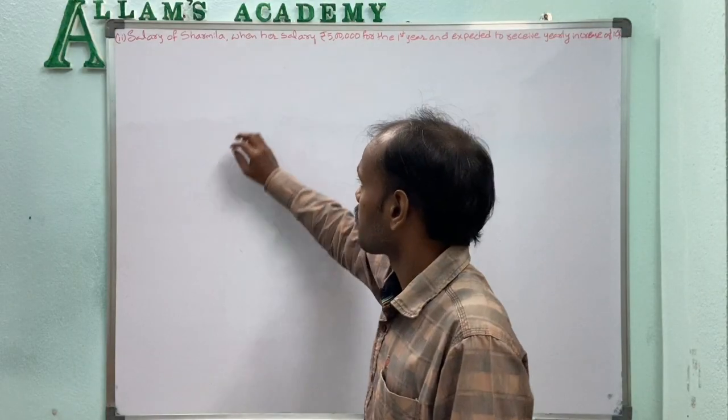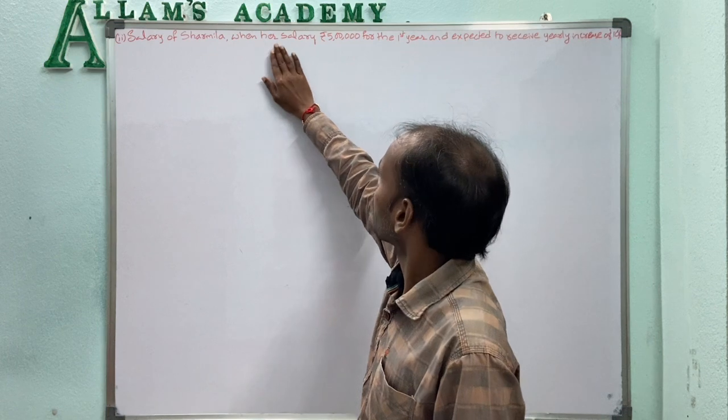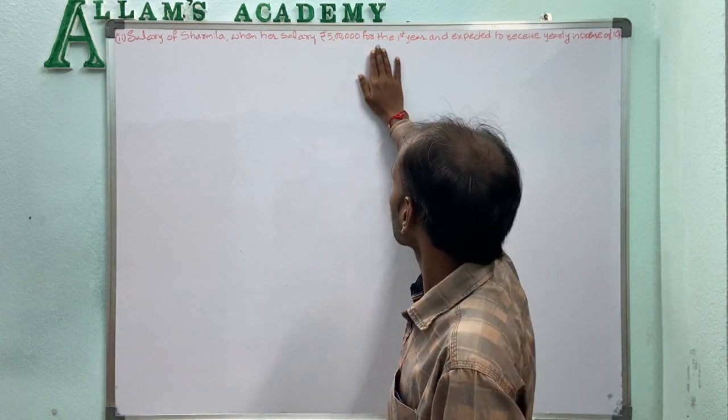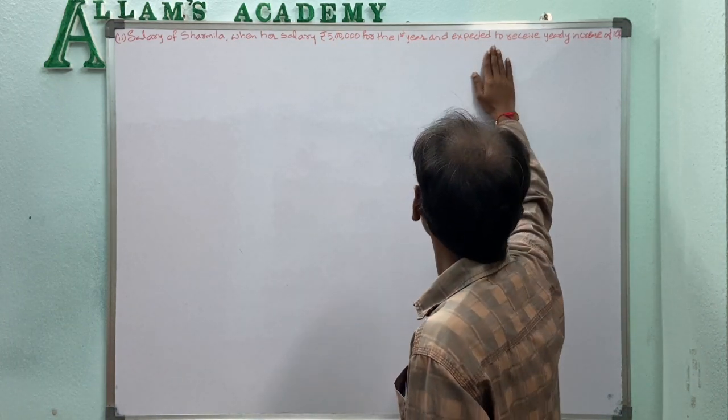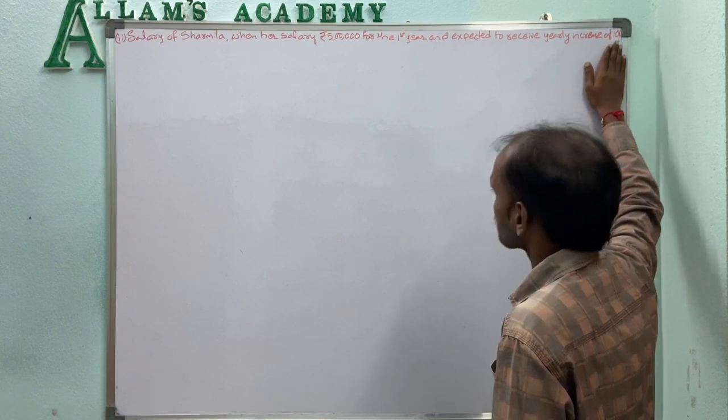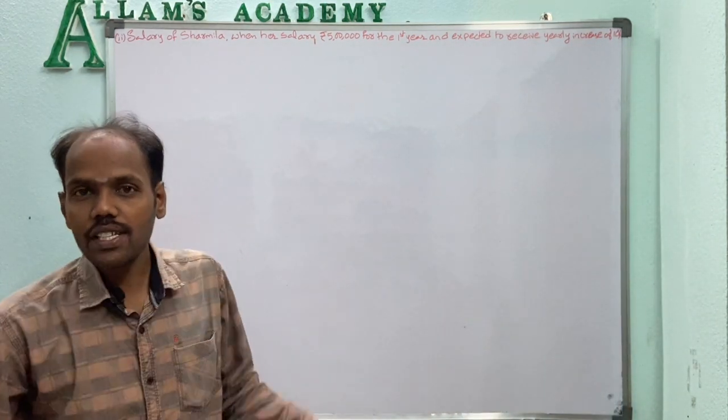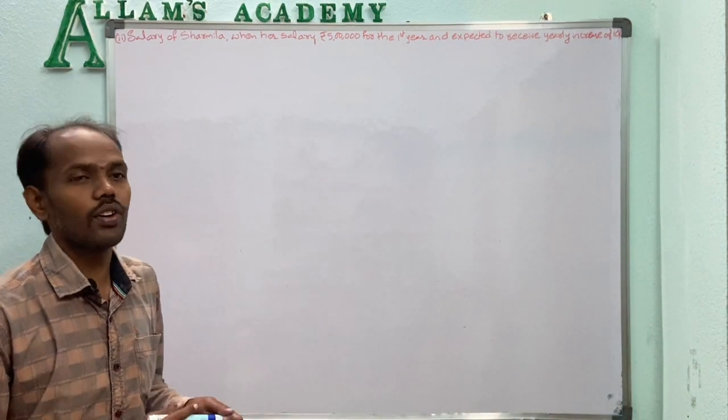Here is the next problem: Sharmila's salary is rupees 5 lakhs for the first year and she is expected to receive a yearly increase of 10%. Now we are asked whether this information forms a geometric progression or not.